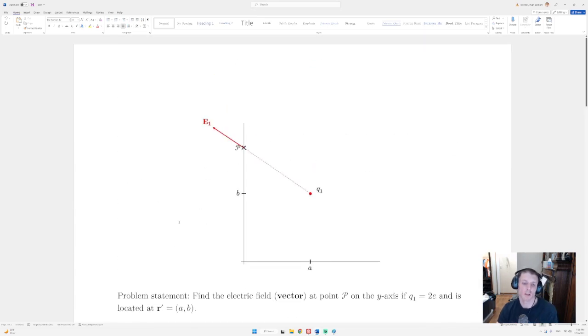Anyway, let's talk about the actual problem that we were trying to do, which was this, but there was another charge over here, a negative charge on the other side of the y-axis, and there wasn't really any symmetry that we could exploit, right? Because symmetries are things you want to look out for, because they can often simplify your calculations greatly, and we'll talk much more about that later. But there wasn't any obvious symmetry.